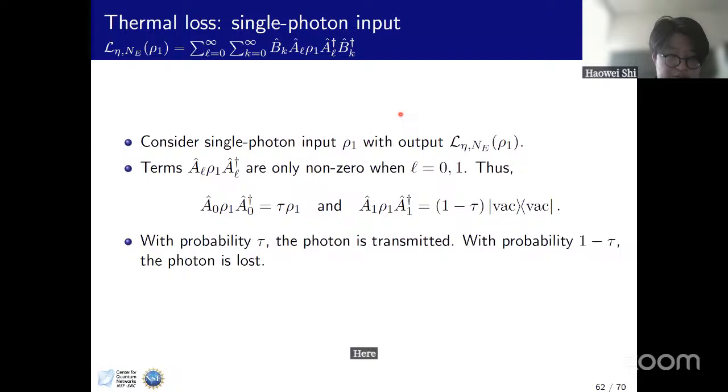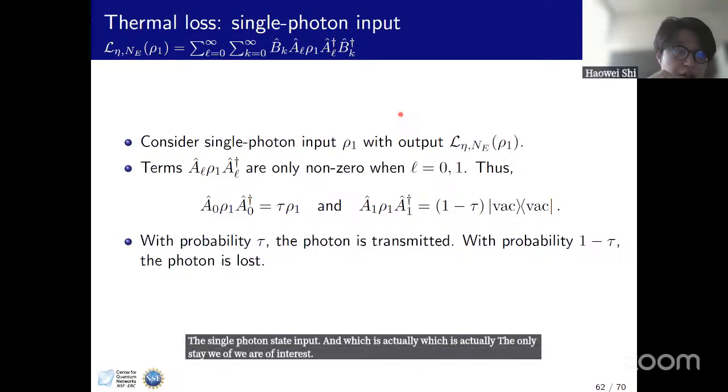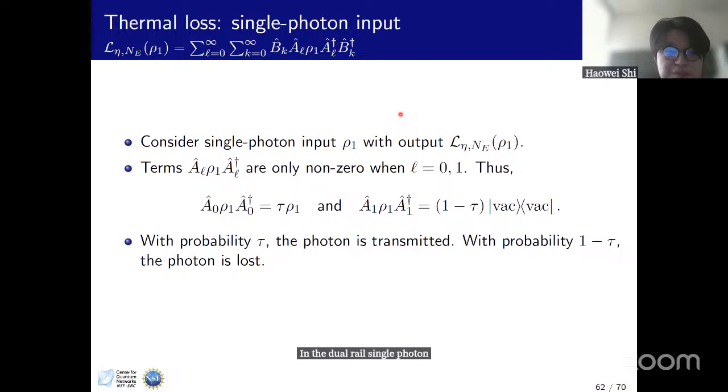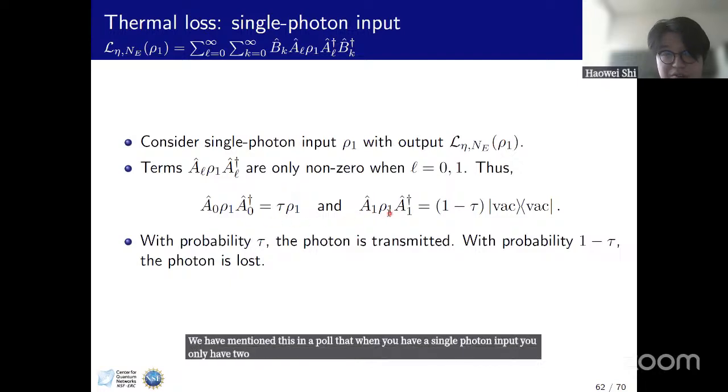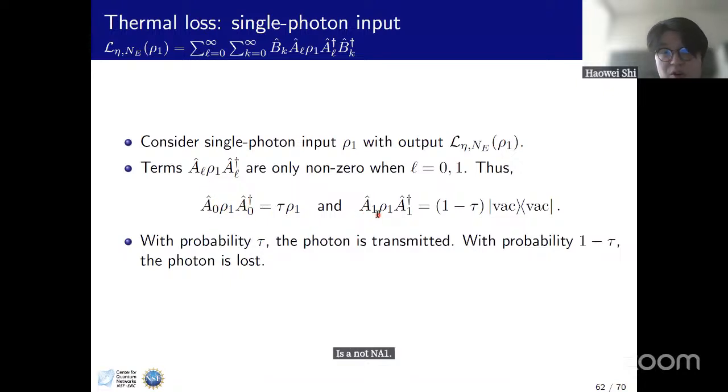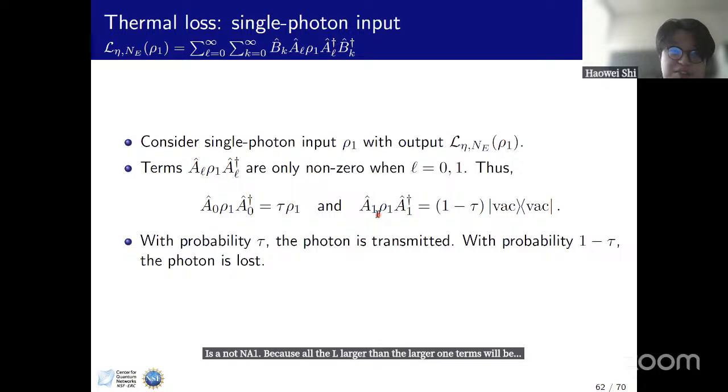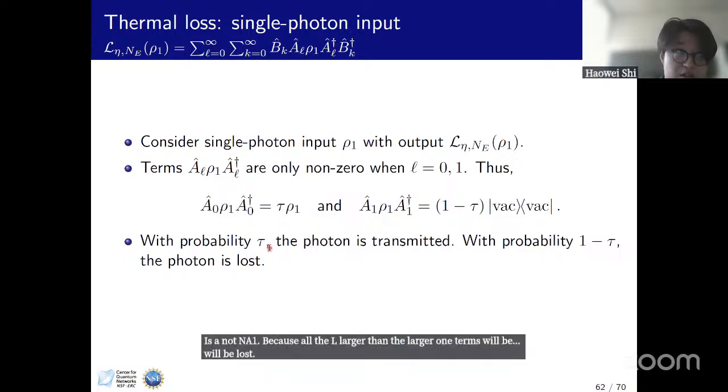Here we give some intuition using a very simple input, the single photon state, which is actually the only state we are interested in for the dual-rail single photon qubit encoding case. We mentioned in a prior talk that when you have a single photon input, you only have two Kraus operators left, A0 and A1, because all the L larger than 1 terms diminish to zero.